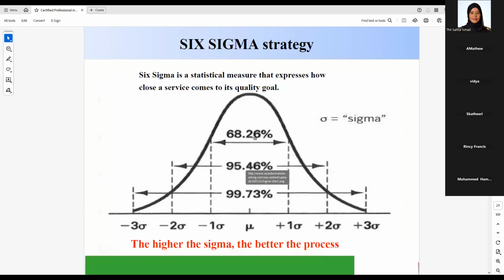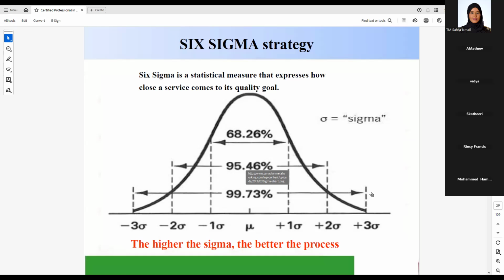So remember, I gave you the example of the waiting time. If you achieve 1 sigma, that means only 68% of your patients are meeting the quality goal. So 68% of your patients are waiting for less than 60 minutes. The more sigma means now you are having more and more of your patients meeting the targets.